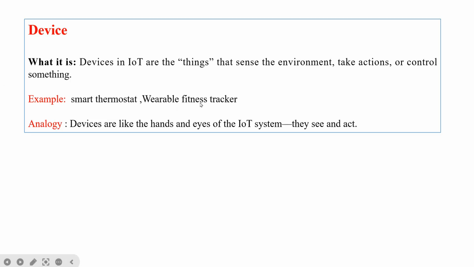Second is a wearable fitness tracker, which monitors the heart rate and the steps. You can think of devices as the hands and the eyes of the IoT system. That is, they will see and then act.